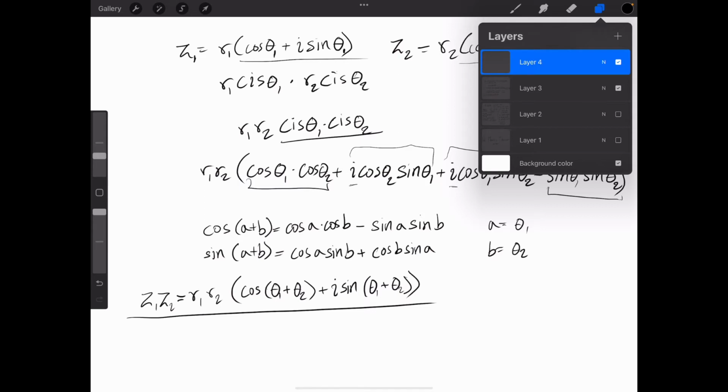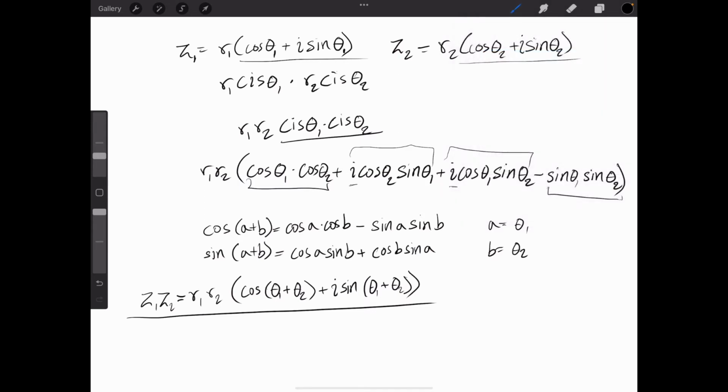So instead of having R1 times R2 times cosine theta 1 plus theta 2 plus I times sine theta 1 plus theta 2, if you make all the angles and the arguments the same, let's just look at r cis theta squared. Z squared is equal to this, right?